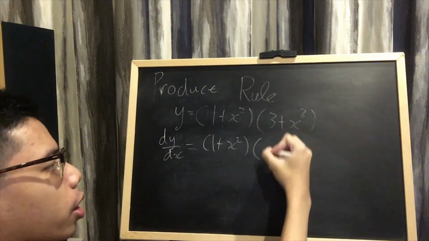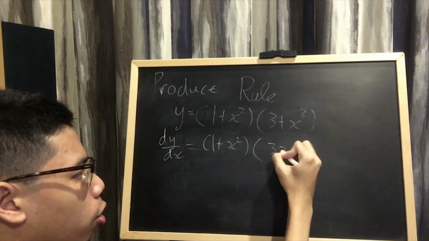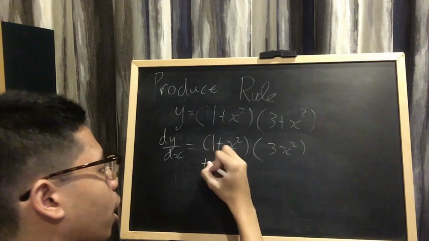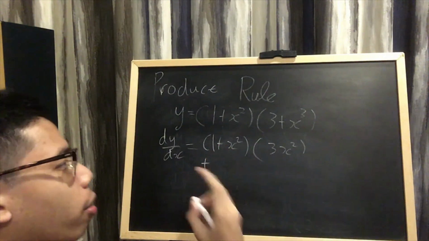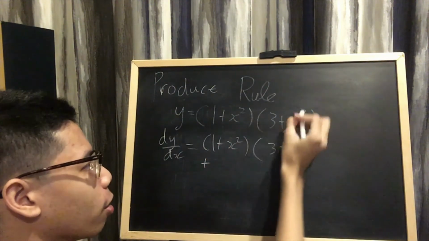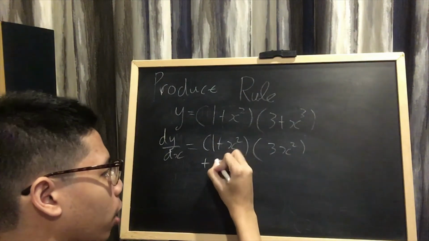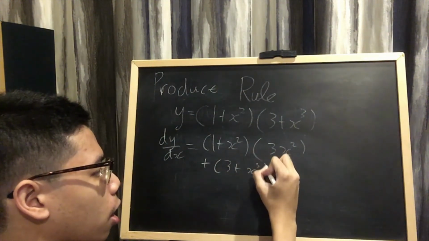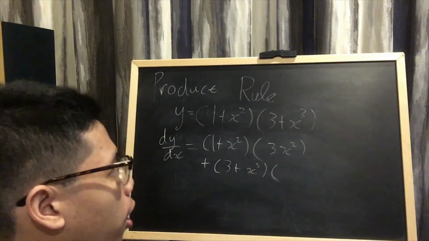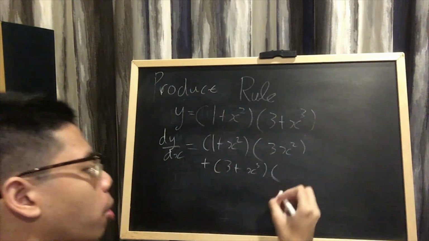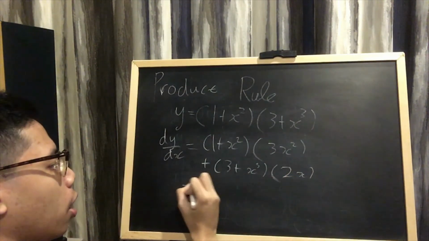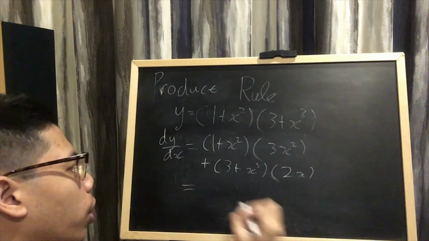V prime is just 3x squared plus, don't forget the second part, v u prime. So this is v. I'm going to take v down here, and then u prime. U prime is just 2x, and then let me expand it.